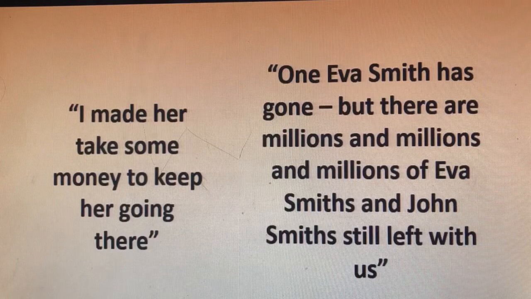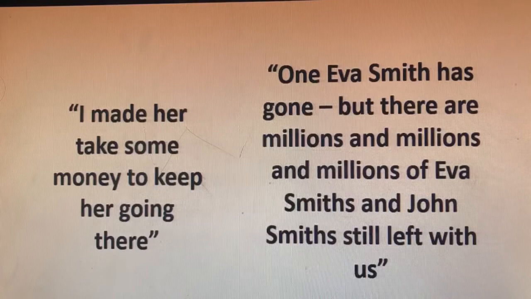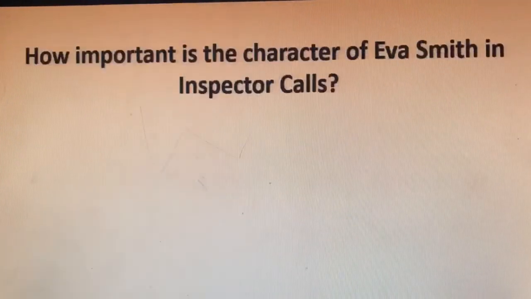And then at the end of the quote, "John Smiths still left with us" being representative of the Birlings, Gerald and the Inspector. He's reminding us that although we all come from different backgrounds, we still have a responsibility, a socialist responsibility, to look after those around us who might be more in need than we are.